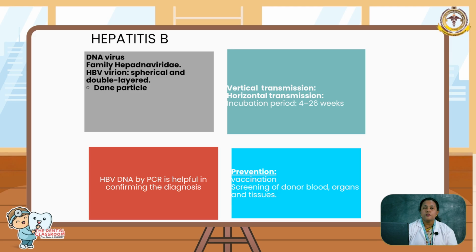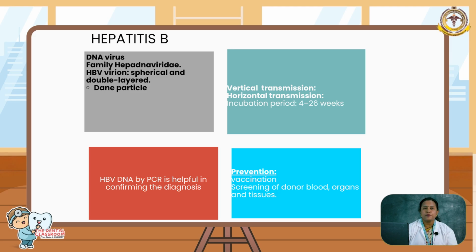Horizontal transmission is the most common mode of spread in hepatitis B virus. It occurs by the parenteral route and by close contact. The parenteral route includes percutaneous and mucous membrane route and intravenous route. Percutaneous and mucous membrane transmission occurs by exposure to infected body fluids as well as by minor cuts and abrasions in the skin and mucous membrane.